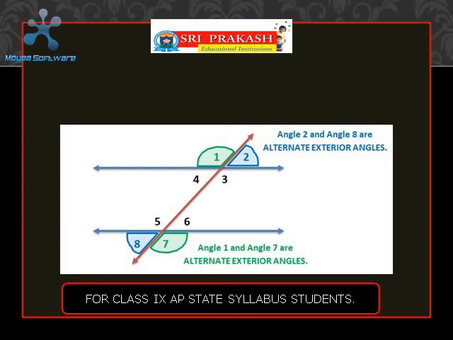Here angles 1, 2, 7 and 8 are marked with green and blue inks. 1 and 7 are called alternate exterior angles. 2 and 8 are called alternate exterior angles.